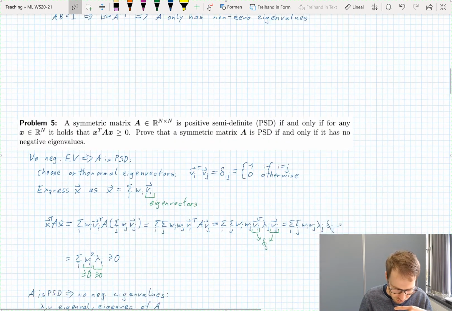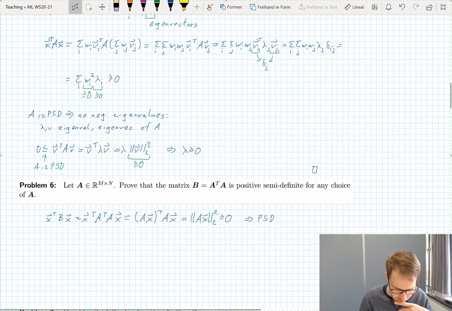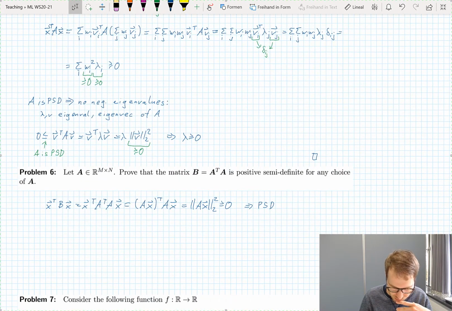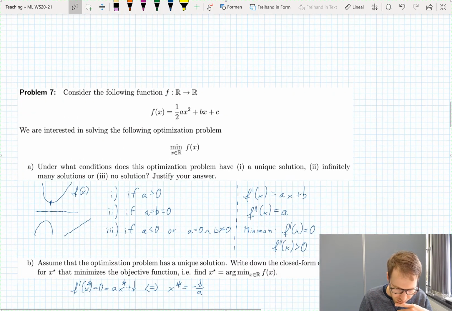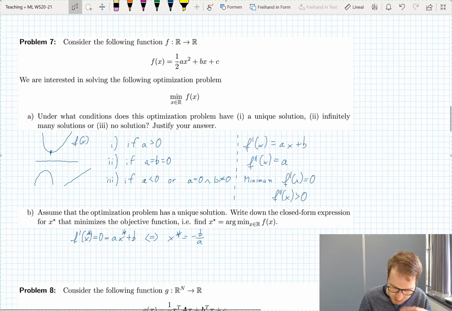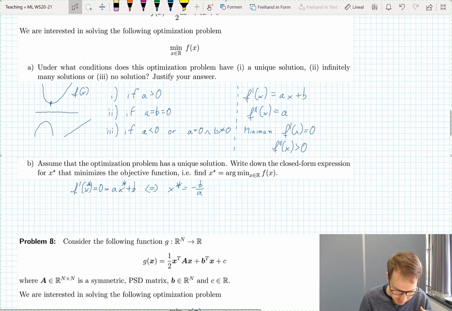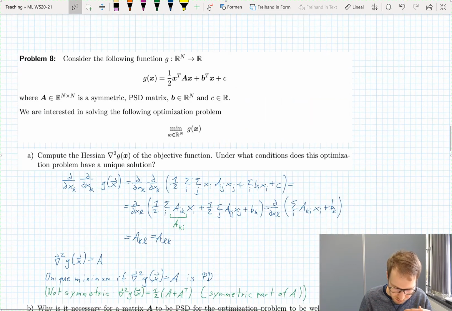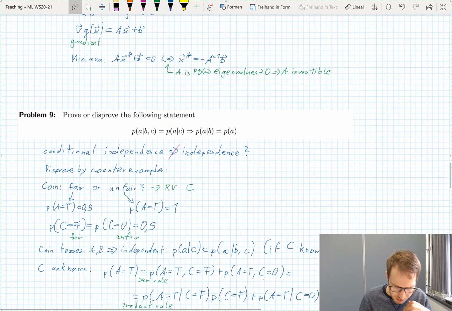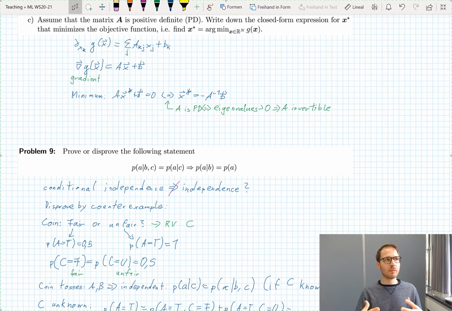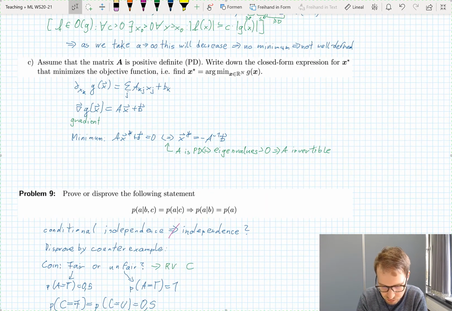Then we did a little proof on PSD, because PSD is often important, and proof techniques here with the eigenvalues, that's a good thing to be able to do. And then we went to calculus, like some basic quadratic functions. First a scalar one, then a multidimensional one. And these basically are prototypes of machine learning problems that you will see very soon. Like linear regression is already like this.